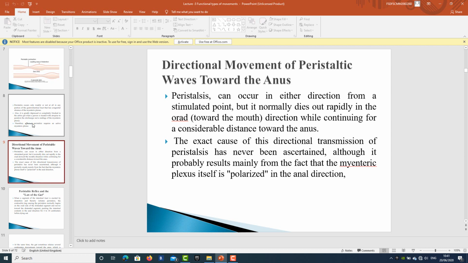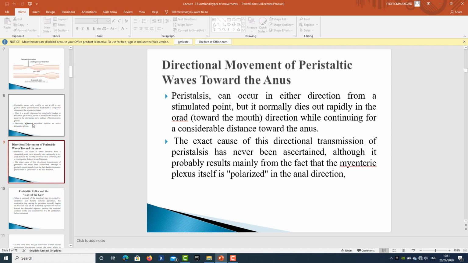The exact cause of this directional transmission of peristalsis has never been ascertained, although it probably results mainly from the fact that the myenteric plexus itself is polarized in the anal direction.